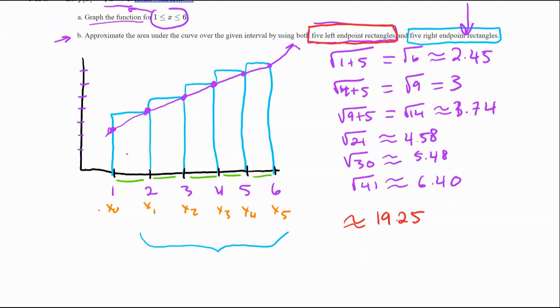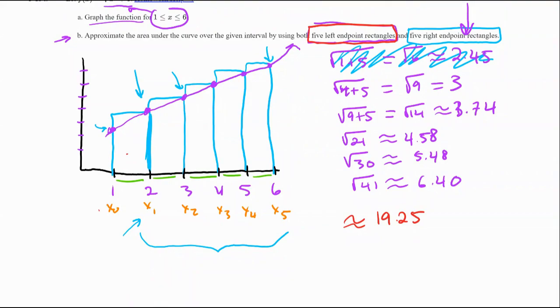And now a couple of differences that we make here. The height of my first rectangle is actually the second point, or the second x value that we use, and the second y value that we find. So again, what we're not using is this first one because we don't use this height here. So my first height is here, my second height is here, and so on, and I actually use this last point here.